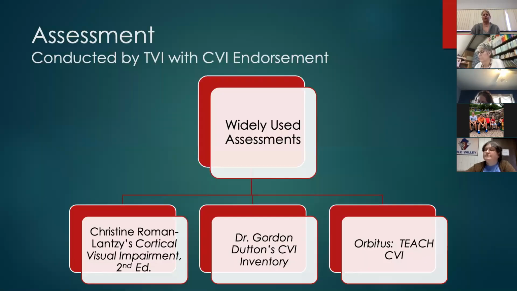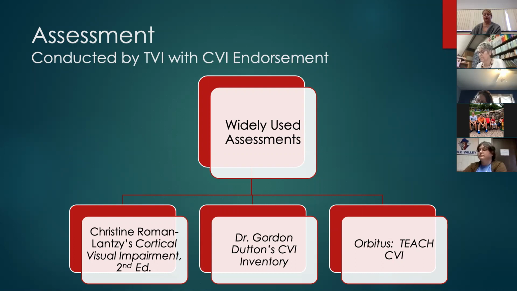So we're going to start with assessment, which isn't necessarily something that you would be doing per se, but you would be involved in it. A unique aspect about CVI assessment is that it starts out with a screening, and the screening isn't really involving the child at all.